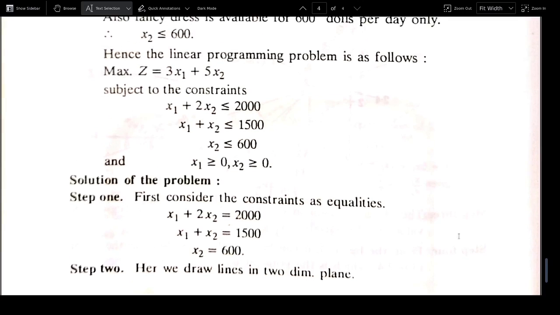How to solve this problem? We know if a linear programming problem contains two variables, then we can solve it by the graphical method, and if the problem has more than two variables, then you apply the simplex method. So here we apply the graphical method. First, you convert all inequalities into equations: x1 plus twice x2 equal to 2000, x1 plus x2 equal to 1500, x2 equal to 600.